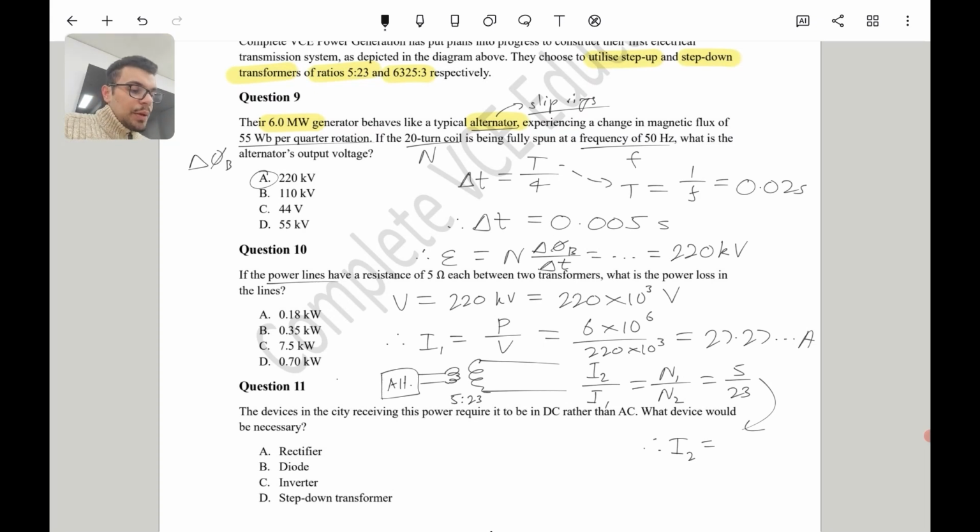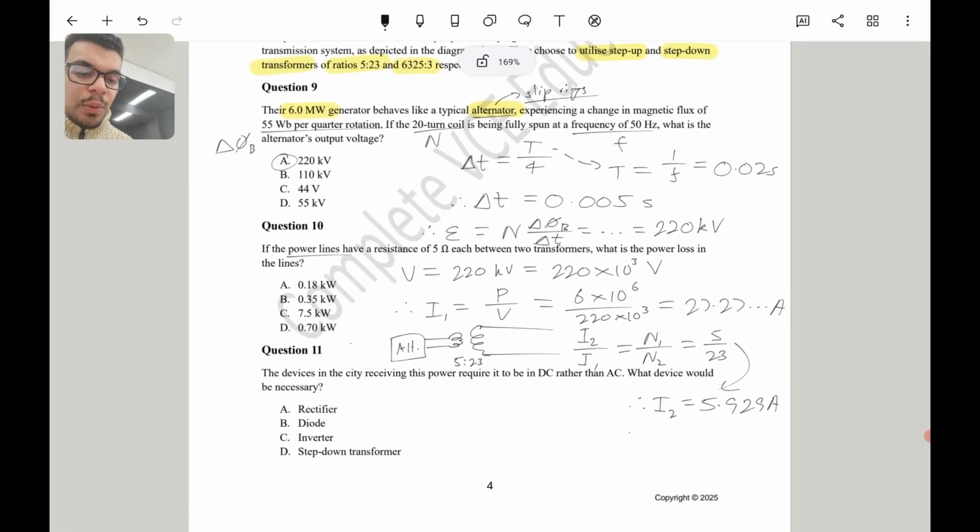So we will end up with 5.929 amps. Okay? And afterwards, we can then use our power loss formula. P loss is equal to I squared R. Keep in mind that the resistance is 10 here. And we'll get, as our answer, I squared times 10. So we'll end up with 351.5 watts, which will be 0.35 kilowatts.